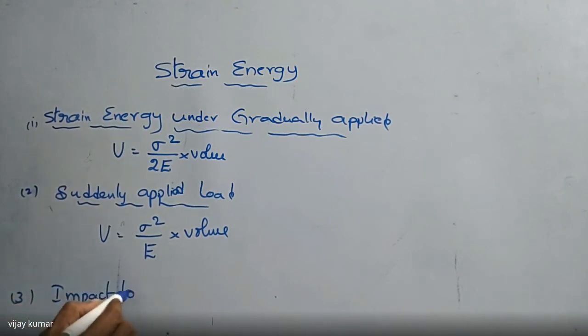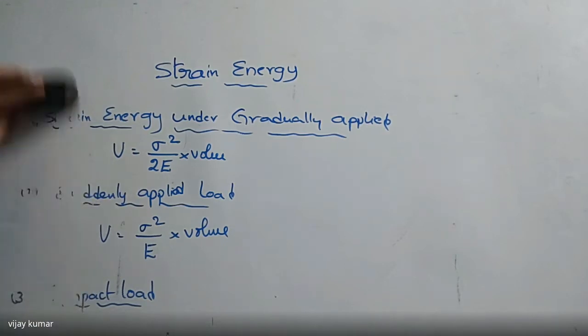Yesterday I gave some explanation about this case, and today I'm going to give the complete analysis of it. After that, I'll give the remaining cases under torsion, shear, and bending.